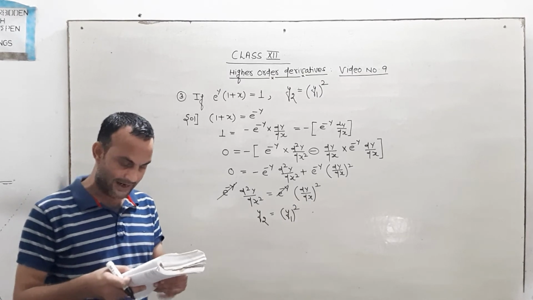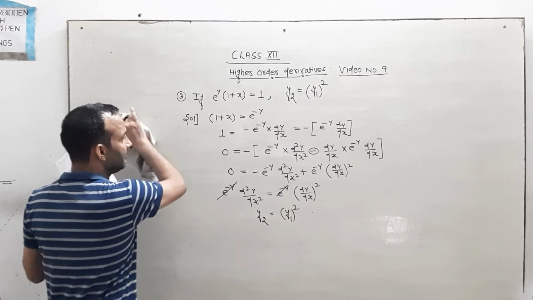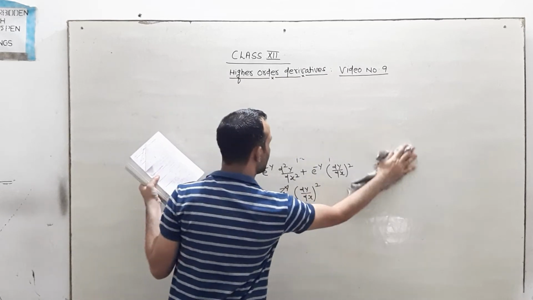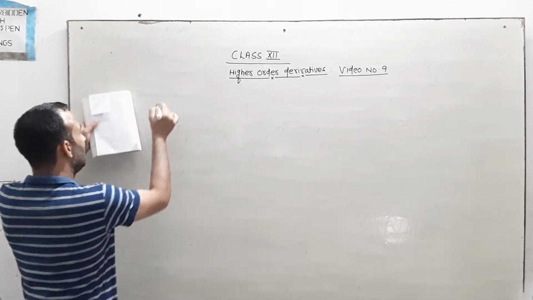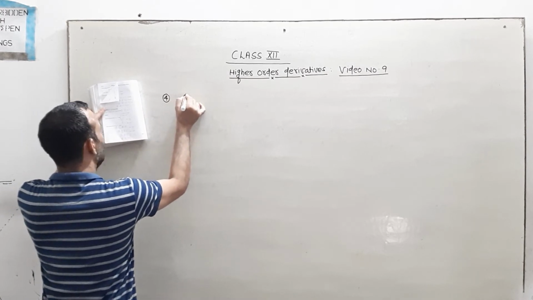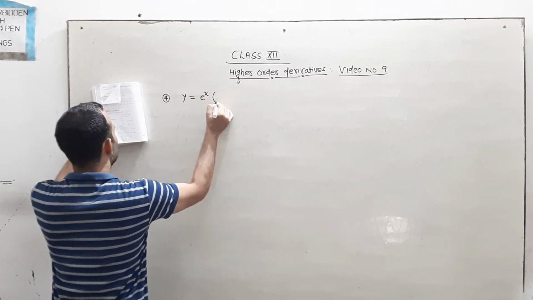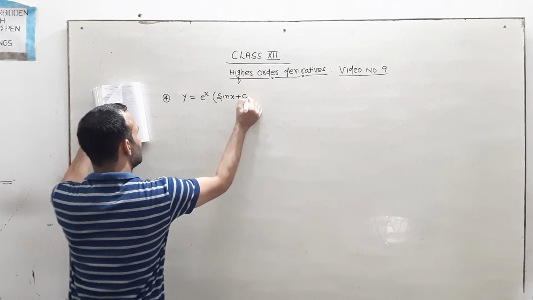Now see the next important problem, dear students. See problem number 4. This is also an important problem from the examination point of view. This problem is: y is equal to e raised to the power x times sin x plus cos x.